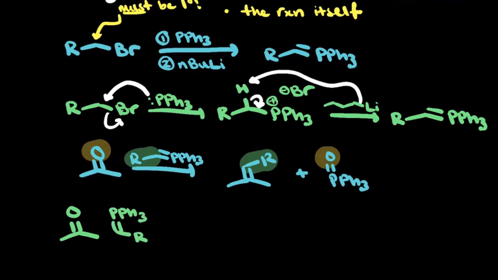It's always good to coordinate these together. All right, and then you see that essentially what will happen is that this group will come down here and this will come up here in order to form your oxaphosphetane intermediate, whatever you want to call it.